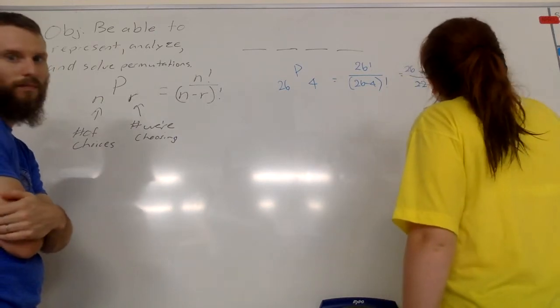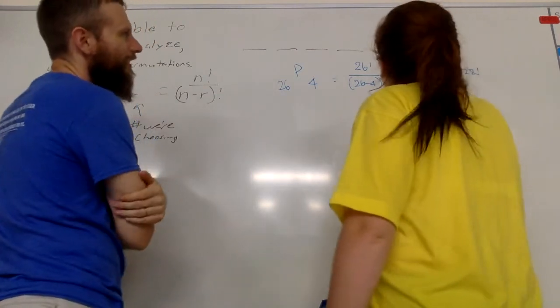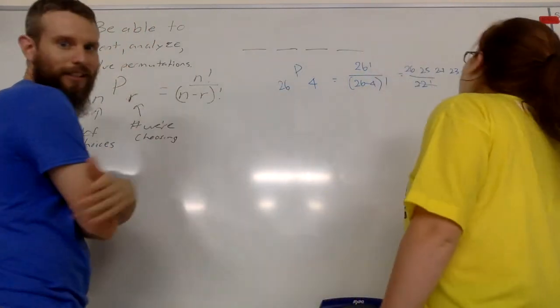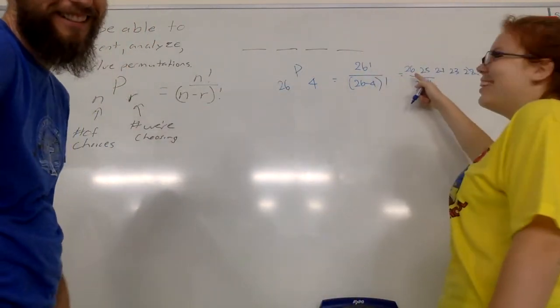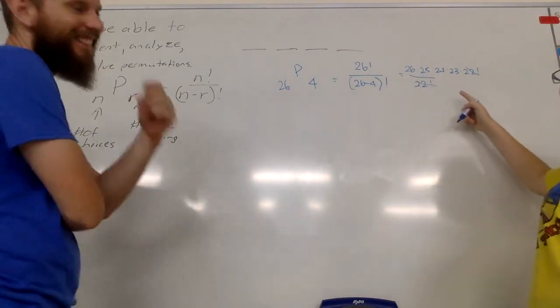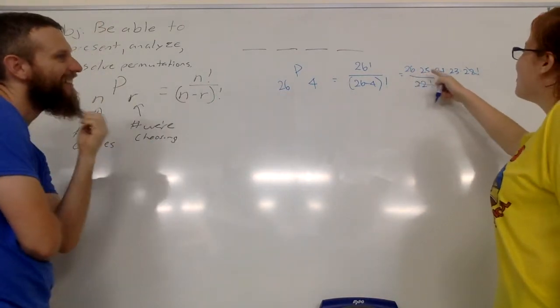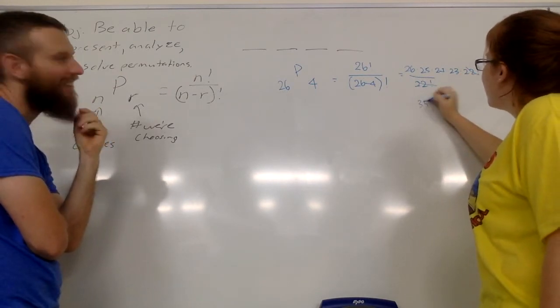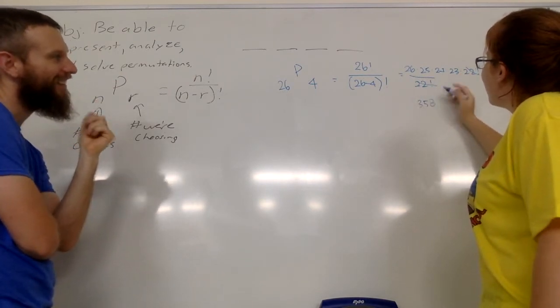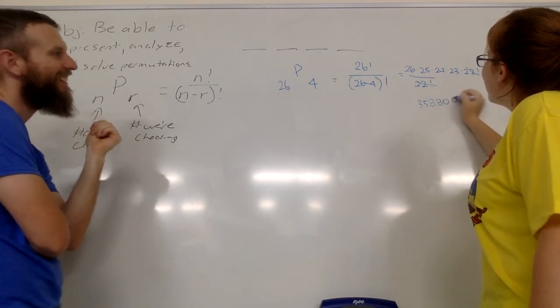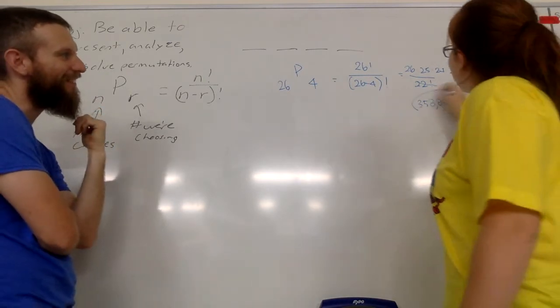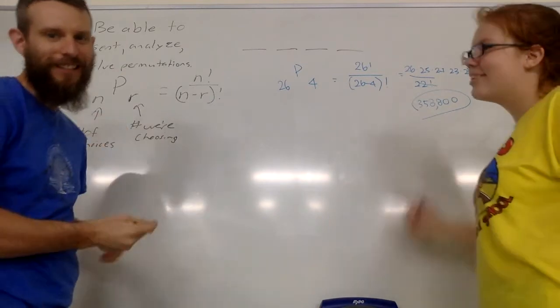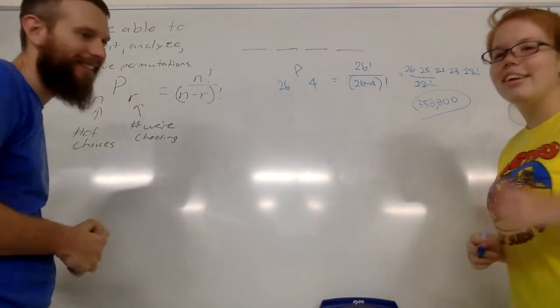These cancel. And 26, 25, 24 is 358,800. Wow, are you doing that in your head? Yeah. That's pretty good. If you guys at home can't do that in your head, you can always use your calculator.